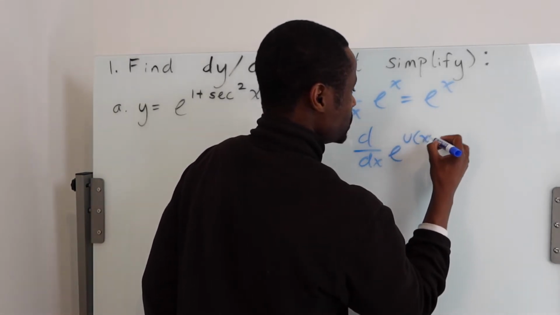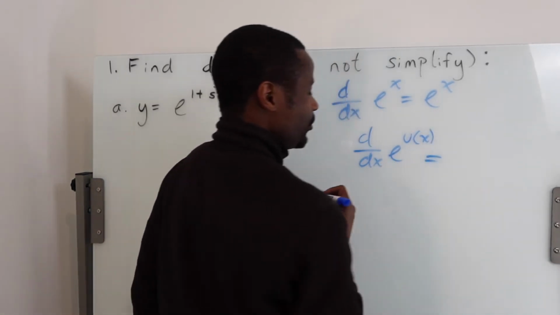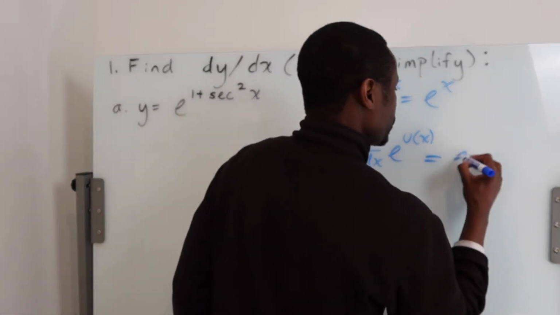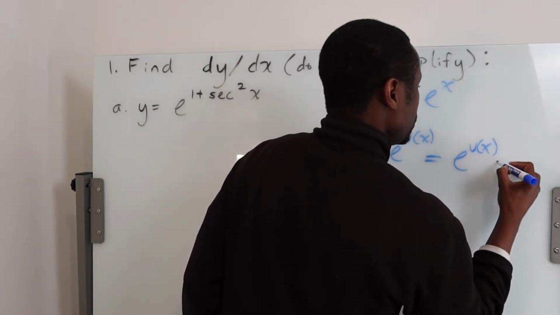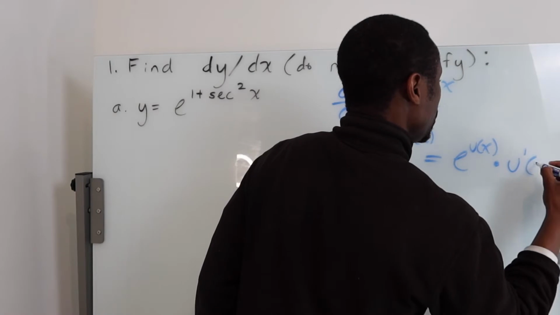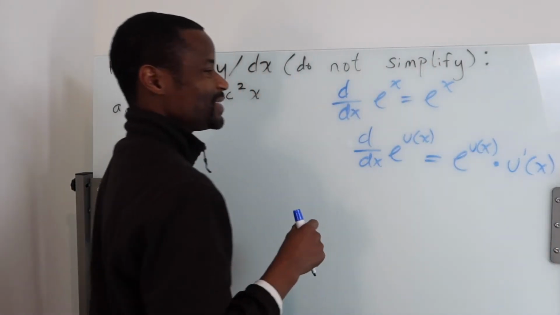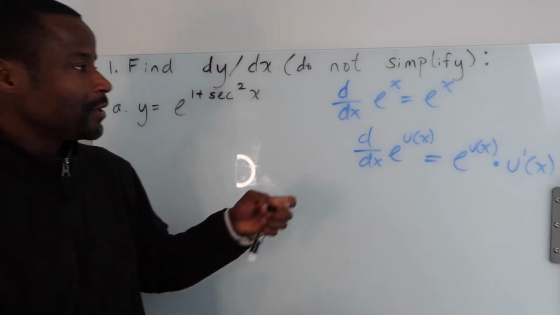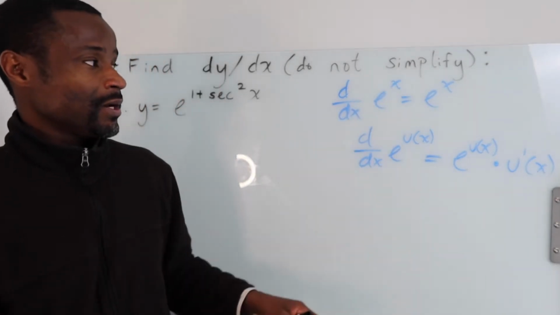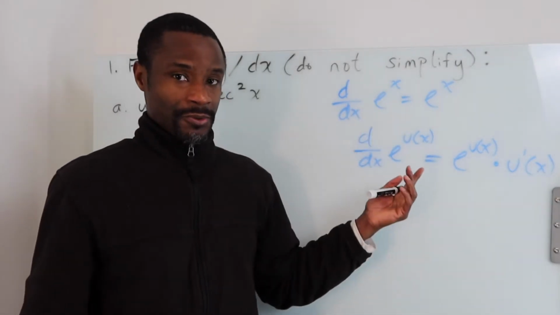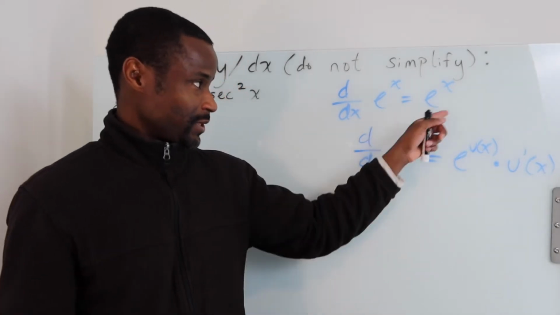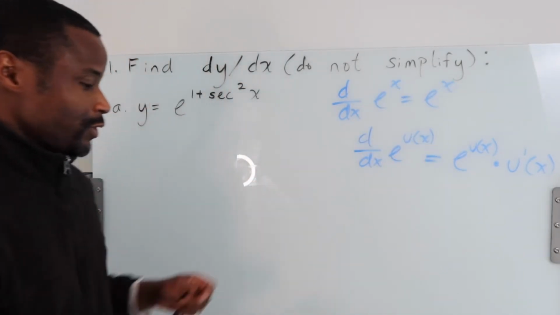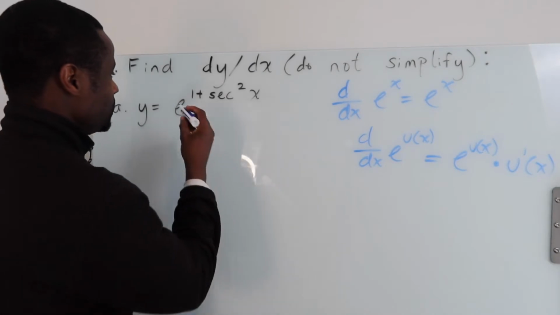We have e to the u of x here, and remember that the derivative is simply e to the u of x times u prime of x, so the derivative of u itself with respect to x, which if you look at it, is basically what we have here, except our u is x, so what's the derivative of x with respect to itself? 1. So it's essentially the same. So what do we do here? Well, we're going to apply the same.